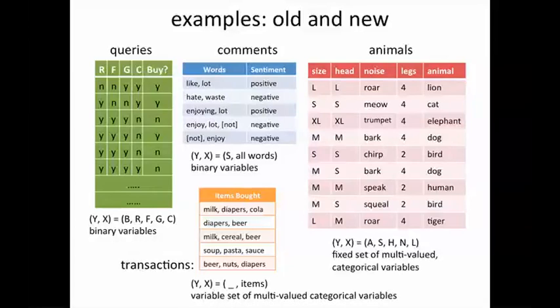These examples are all cases where one could do various kinds of machine learning. In the first 3 examples, that is queries, comments, and animals, there was a clear output variable which indicated the class of the particular instance.